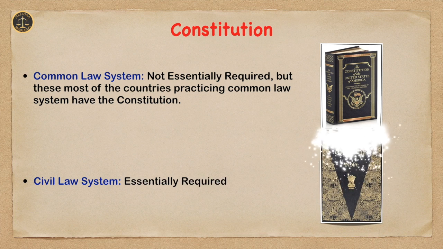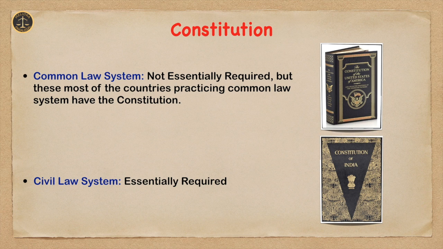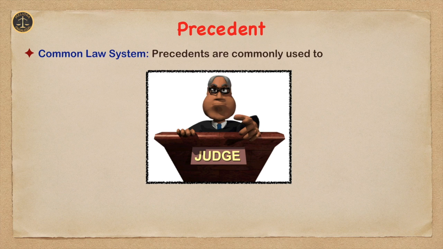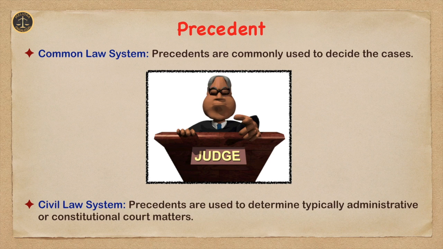In civil law system, constitution is essentially required. Next, precedent. In common law system, precedents are commonly used to decide the cases. In civil law system, precedents are used to determine typically administrative or constitutional court matters.